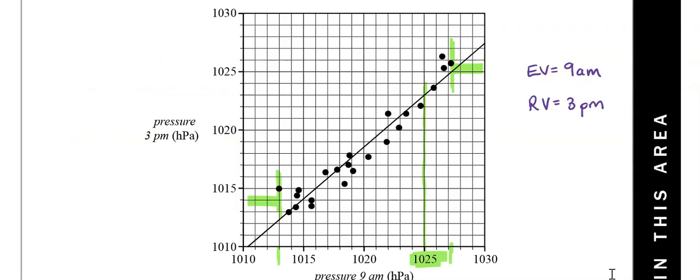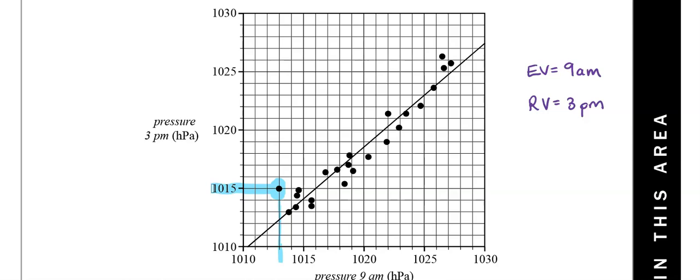And so coming back here to our scatter plot, if we just get rid of our previous highlights, it makes it a bit easier to see. Remember, we're looking for an actual value when we had an explanatory variable of 1013. If we look at our graph, we can see we've got an actual data point here, and that has been plotted in line with a 3 p.m. value of 1015.